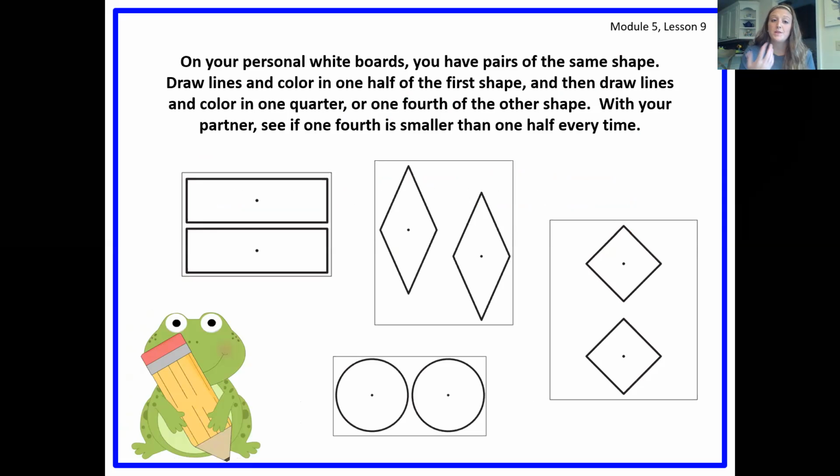And then I want you to be able to explain to someone if the 1/4 is smaller or the 1/2 is smaller every single time. So whether the 1/2 or the 1/4 is smaller. We need about a minute or so, and if you need more time, you can pause it to draw your 1/2 and 1/4 of each shape.